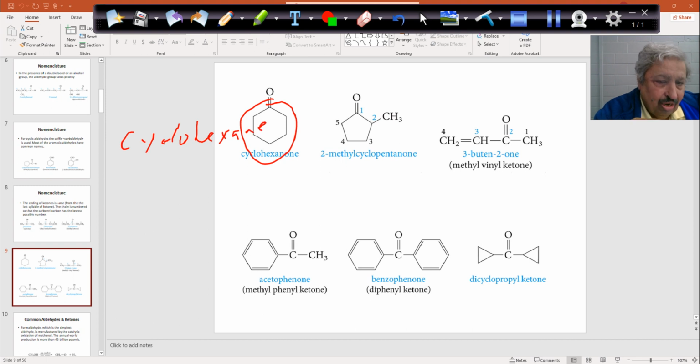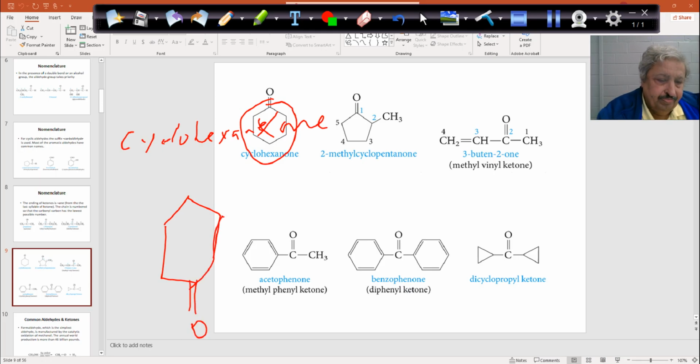So take the E out and add O-N-E. Cyclohexanone. Yes? Is it also a quinone, or is that something else? No, that's not a quinone. The quinone will be different.